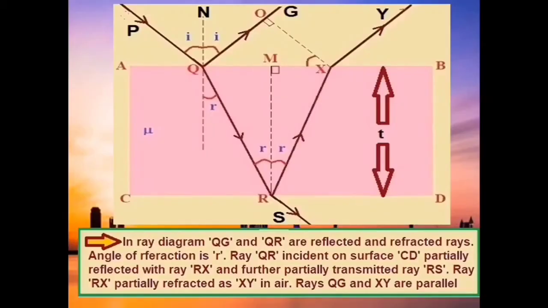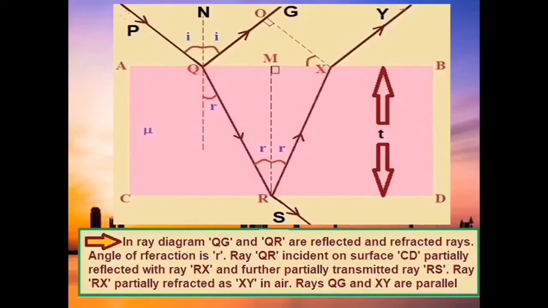Ray QR incident on surface CD is partially reflected as ray RX, as you can see in the diagram, and further partially transmitted as ray RS. Ray RX is partially refracted as XY in air. Rays QG and XY are both parallel to each other.